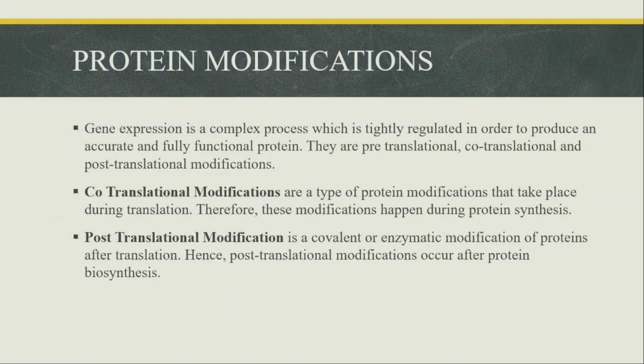Protein modifications. Gene expression is a complex process which is tightly regulated in order to produce an accurate and fully functional protein. So there are three types of modifications. There are pre-translational modifications and co-translational modifications, and the last one includes post-translational modifications.